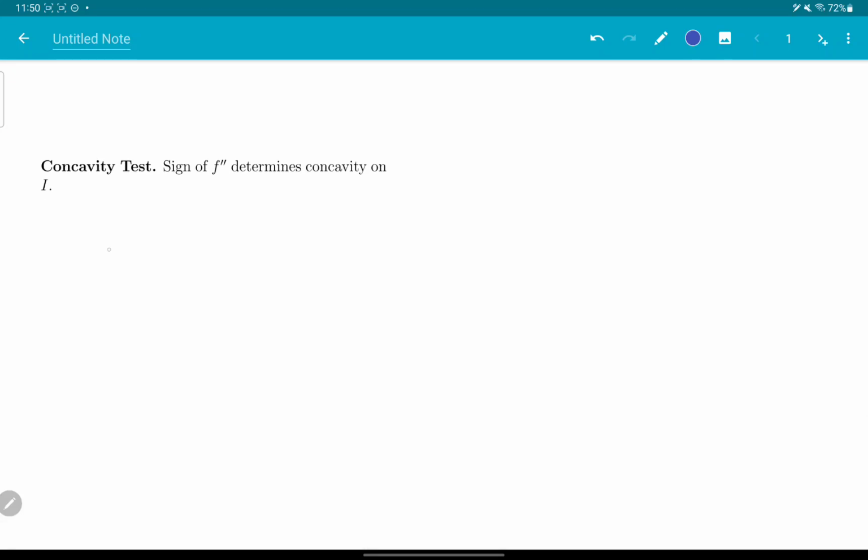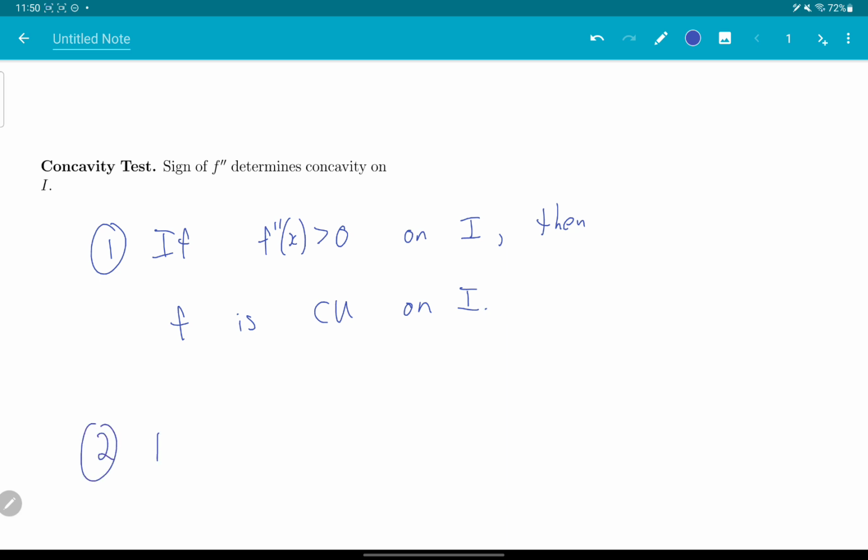So the test is, if f double prime of x is bigger than 0 on an interval I, then the original function f is concave up on I. Two, the other way around: if f double prime of x is less than 0 on I, then f is concave down on I. So the second derivative determines the concavity.